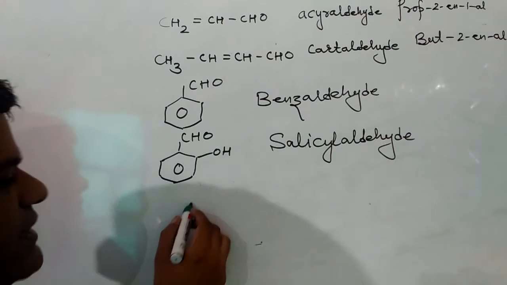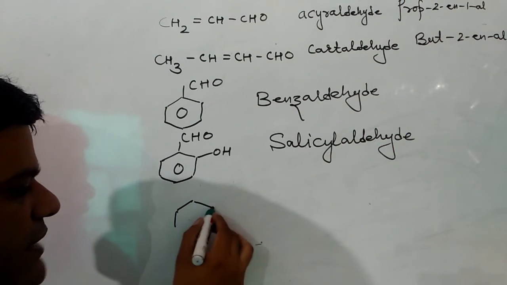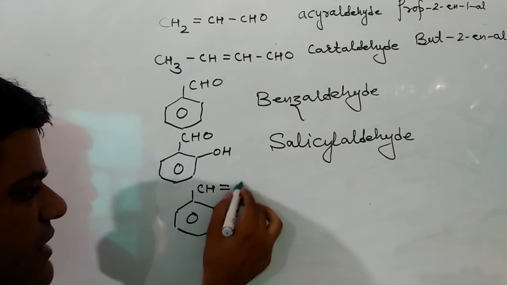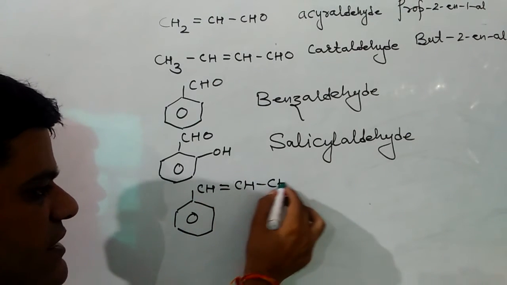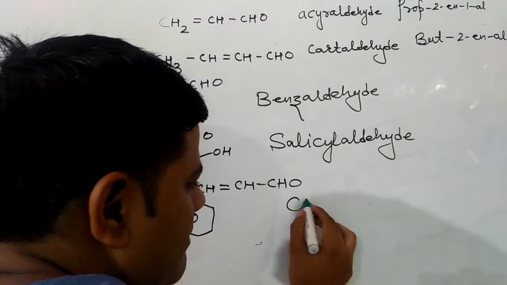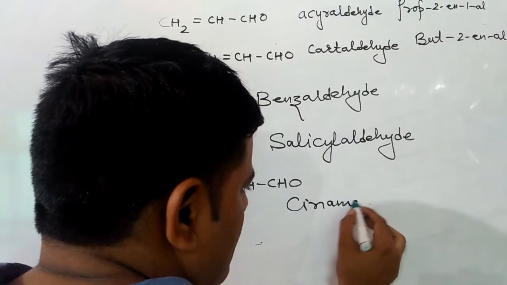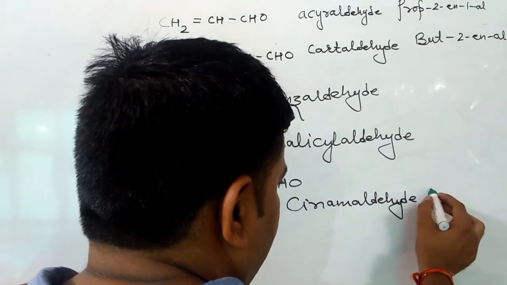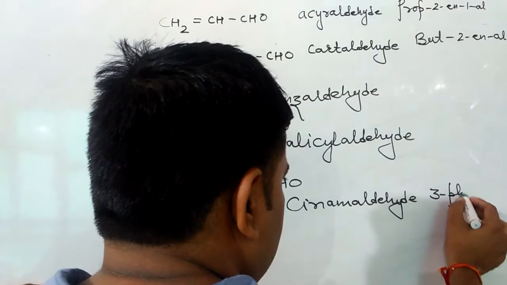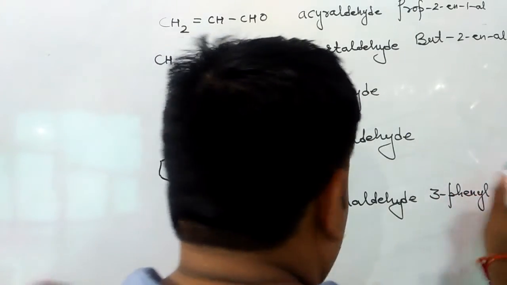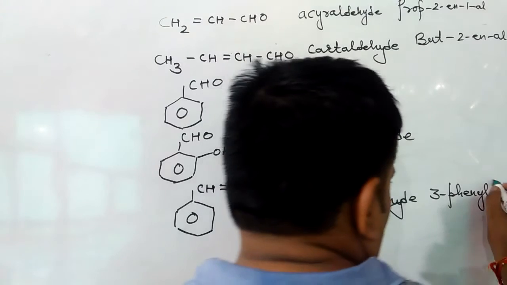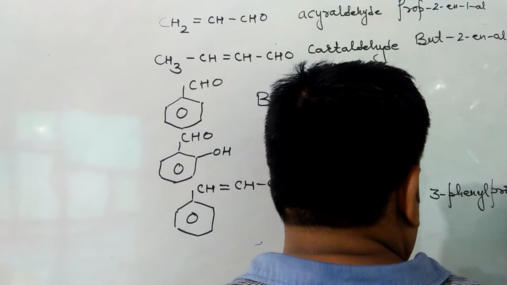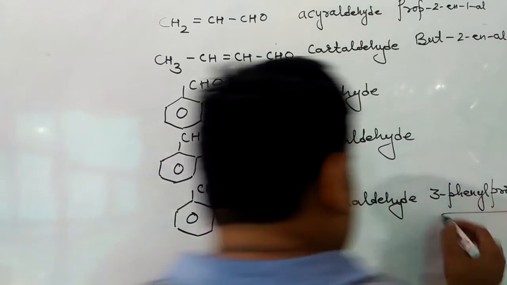The last case will be cinnamaldehyde. Benzene is having a CH double bond CH CHO group over it. Common name is cinnamaldehyde, and IUPAC name will be 3-phenylprop-2-en-1-al.